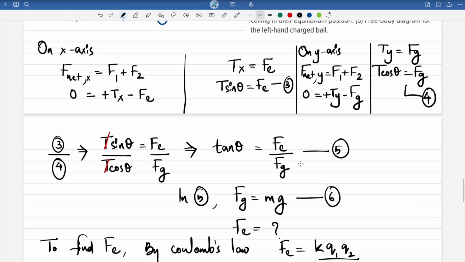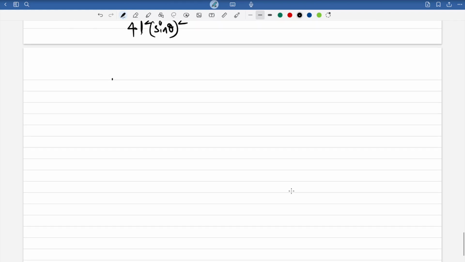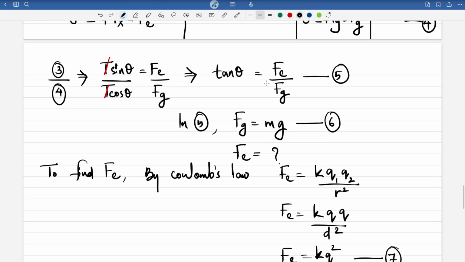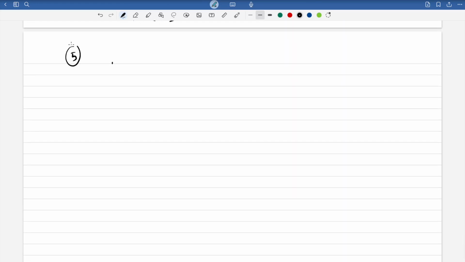Now we can substitute equation number 6 and equation number 9 in equation number 5, right? Tan theta equals Fe over Fg. I'll write that equation here. So equation number 5 is tan theta equals Fe over Fg.